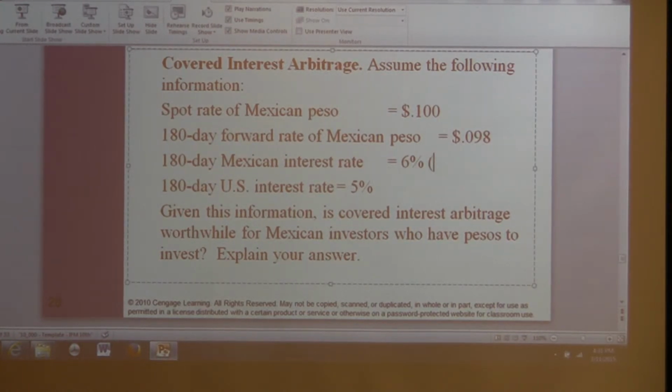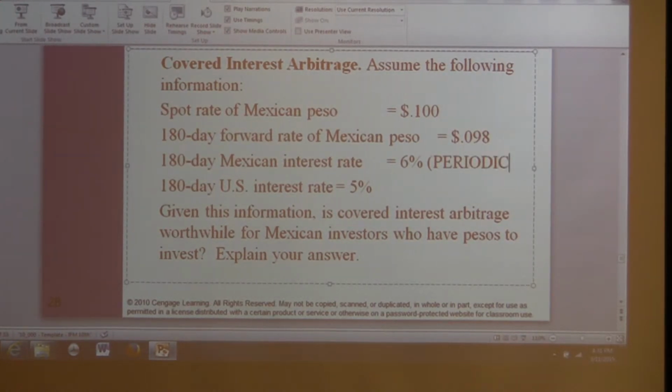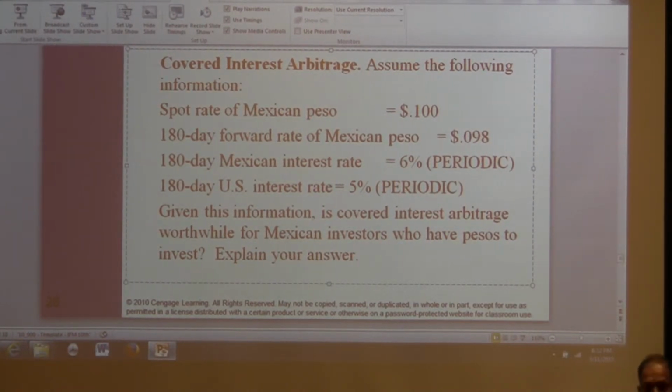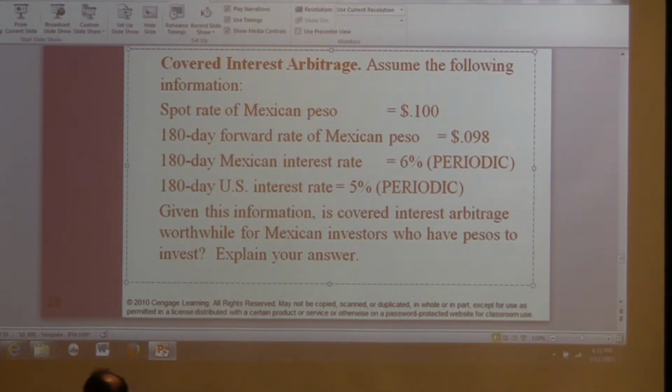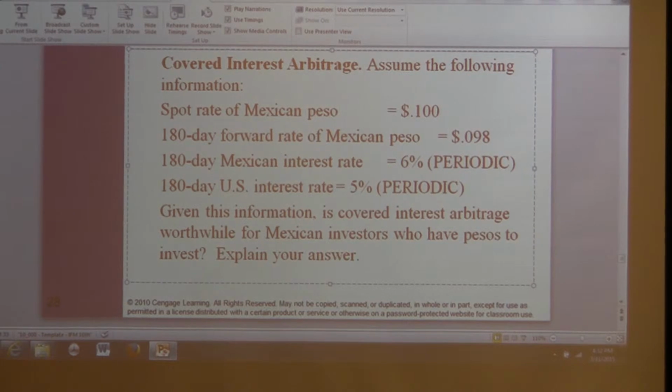So these are both periodic rates. So that's something you want to be careful about, okay? So the first thing you want to see is, if you are in Mexico, what should be the forward price? So just like here, what should be the forward price given the spot exchange rate like this, given the Mexican interest rate, and given the US interest rate.